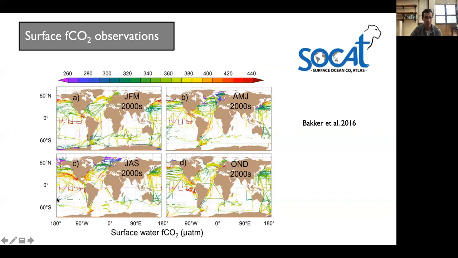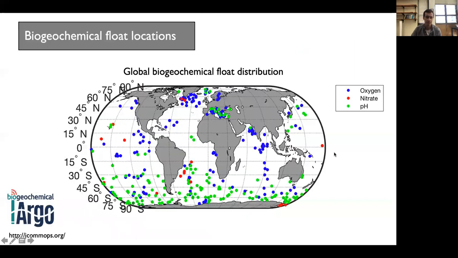But really the Southern Hemisphere in the austral winter is fairly sparse. And so floats provide an opportunity to address some of the places where ships don't go and give us a lot of information about the seasonal cycle and about these open ocean areas where we are somewhat limited.